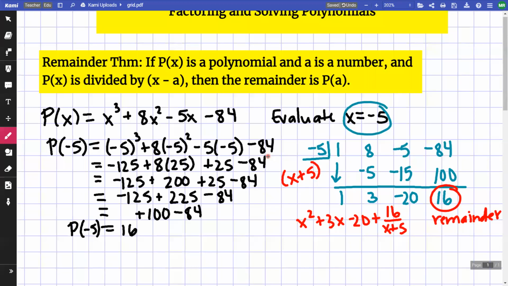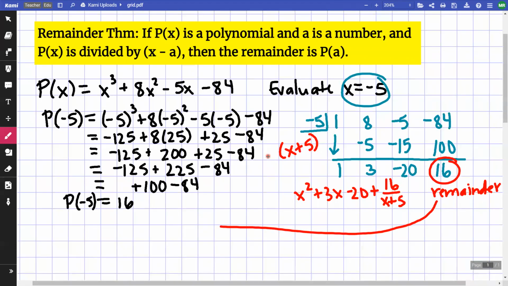But this remainder is the same as when I substitute that in. That's what that theorem's saying. That whatever number I put here in my synthetic division, whatever I get out for my remainder is basically the same as me putting in a -5 into the polynomial and seeing what I get out.